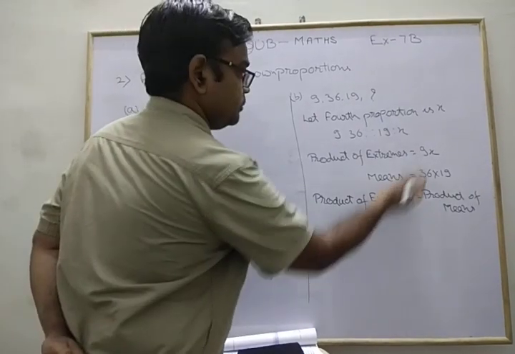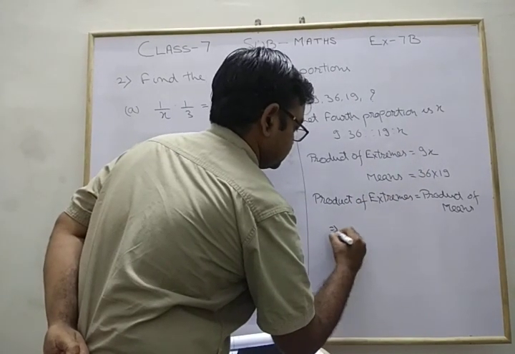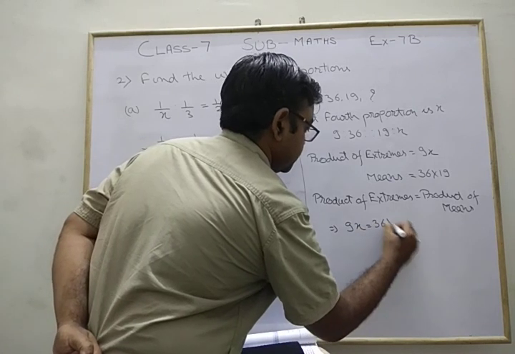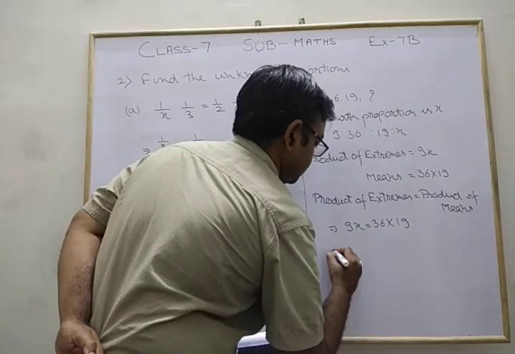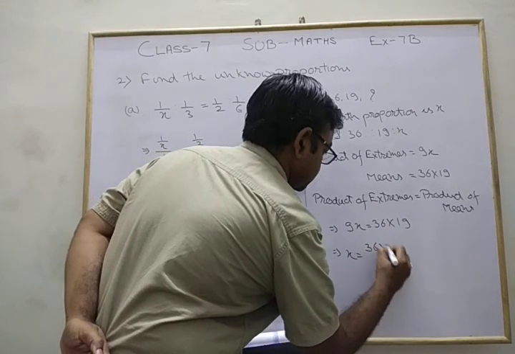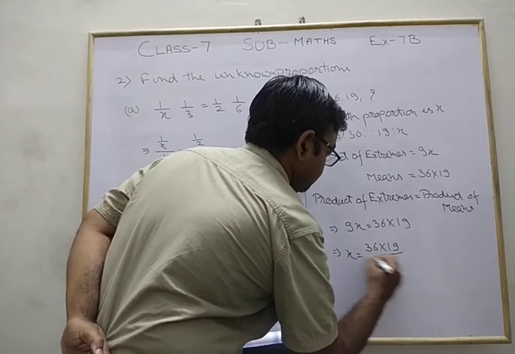What are the extremes? 9x equals 36 into 90. Therefore x equals 36 into 90 divided by 9.